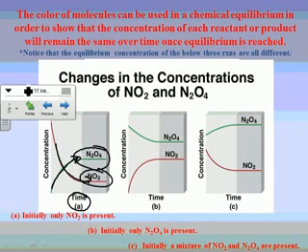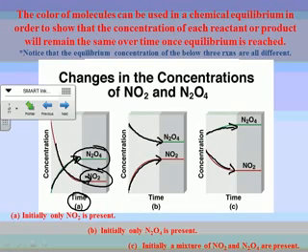If you start with initially only N2O4 present, and you have none of the NO2, then the reaction is going to go in the opposite direction until it reaches equilibrium. And then you could start with a mixture of the two present, and depending on what your mixture is, one of the concentrations is going to go up, one is going to go down.